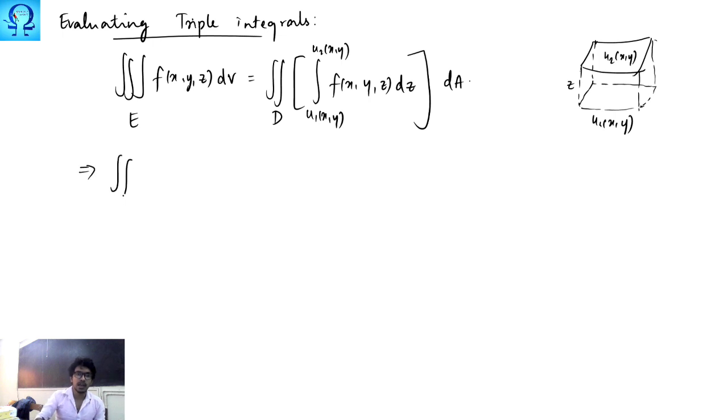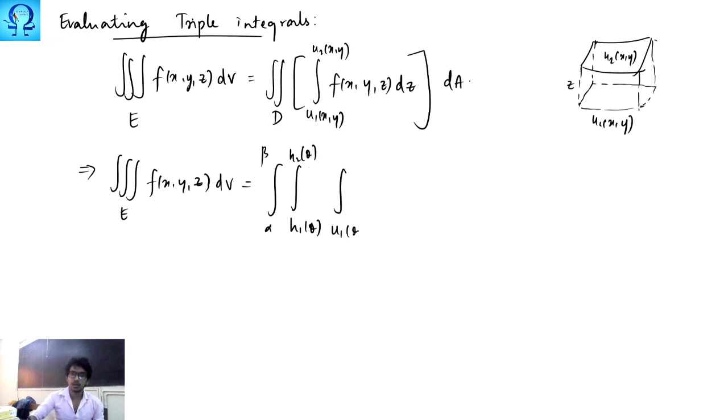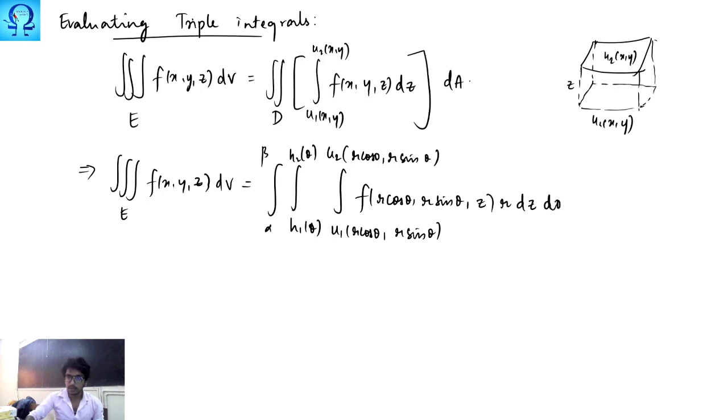So the integration actually becomes: your triple integral over E of f of x y z dV becomes the integral from alpha to beta, integral h1 of theta to h2 of theta, and integral u1 of r cos theta comma r sin theta to u2 of r cos theta comma r sin theta, f of r cos theta comma r sin theta comma z, and r dz dr d theta.